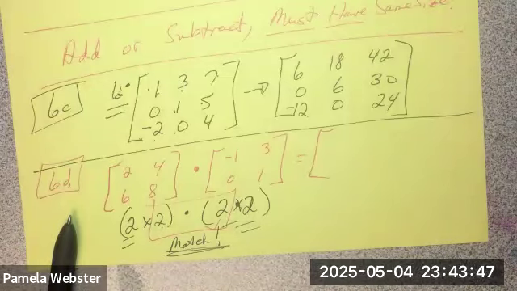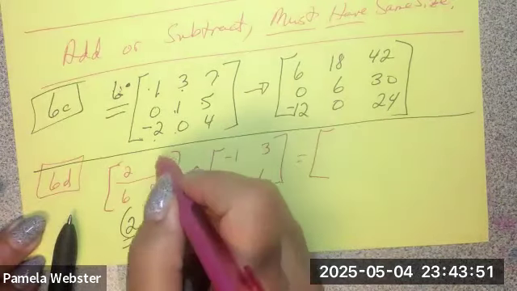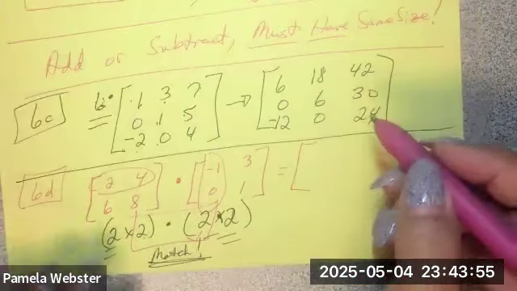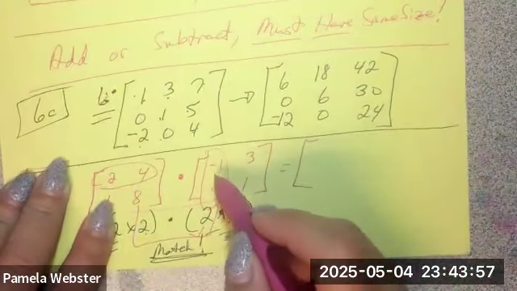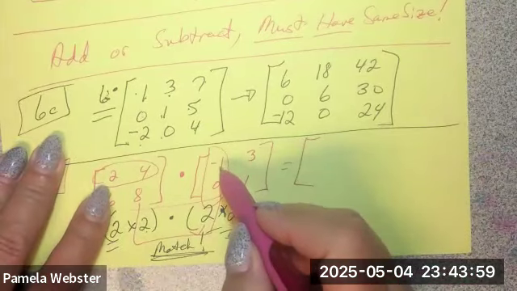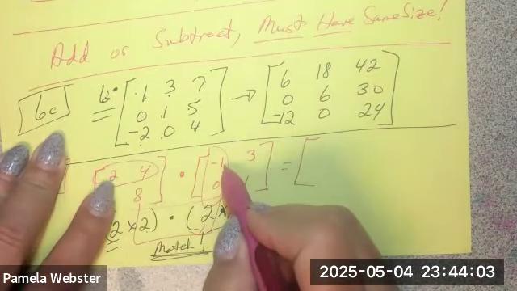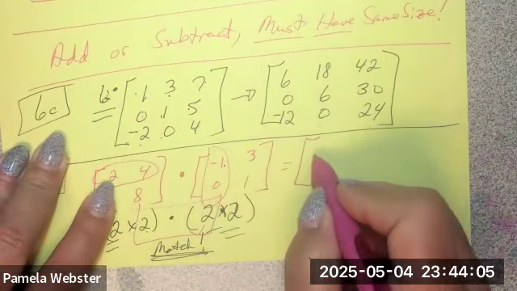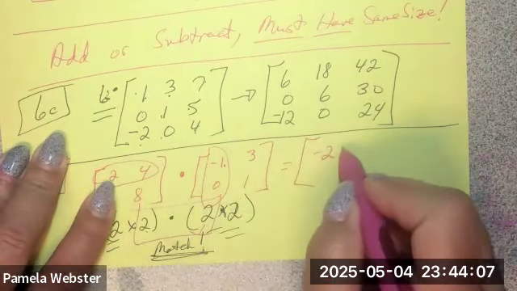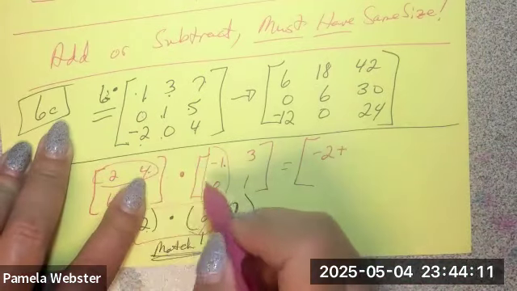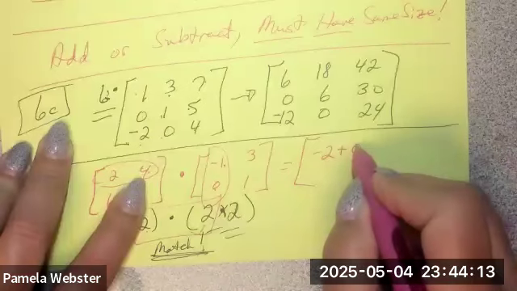So because these two middle numbers match, we're going to go first row by first column. And I really recommend you do this step by step. It's not terrible. 2 times -1, so it's first guy times first guy, is -2, plus 4 times 0, because it's second guy times second guy, is 0.